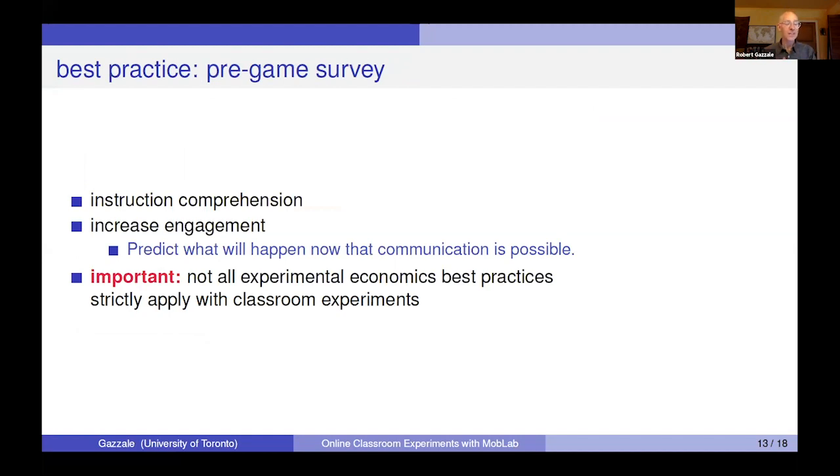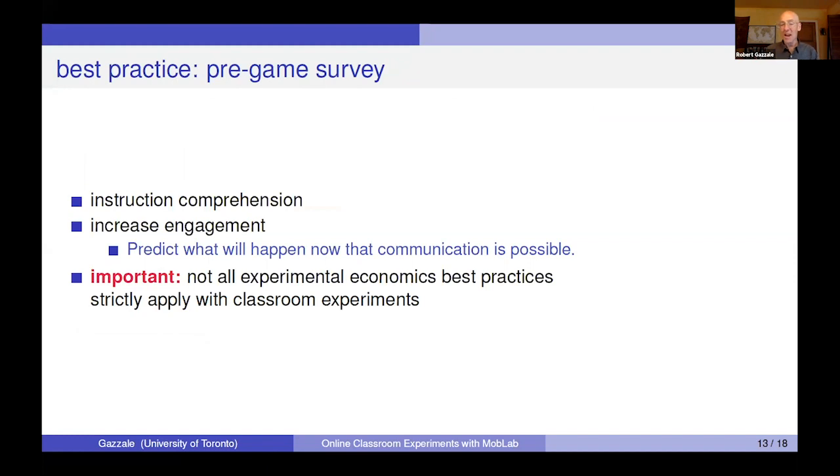Second tip, consider some sort of pregame survey. One case you might want to use a pregame survey is, as we did, to make sure that students understand the instructions which they reviewed. This is going to be particularly relevant when you've asked students to review the instructions before class.